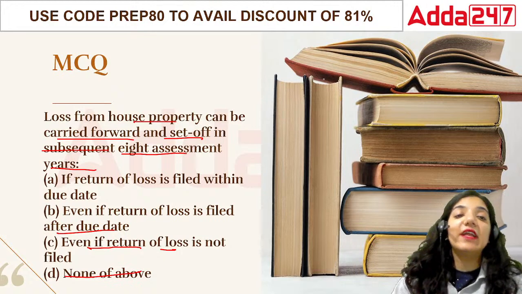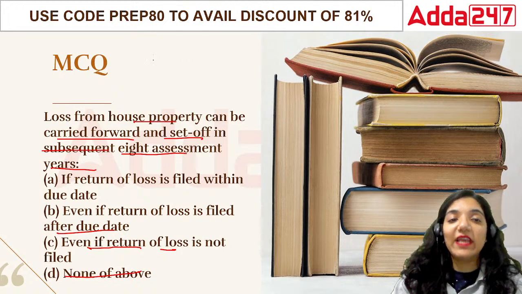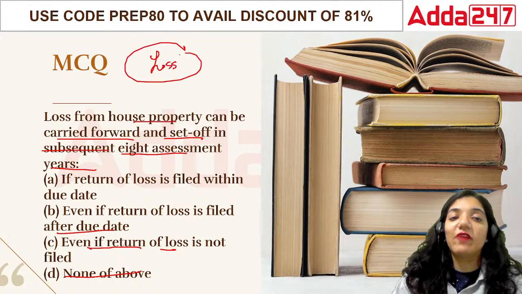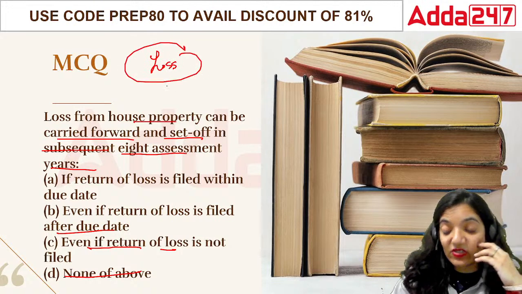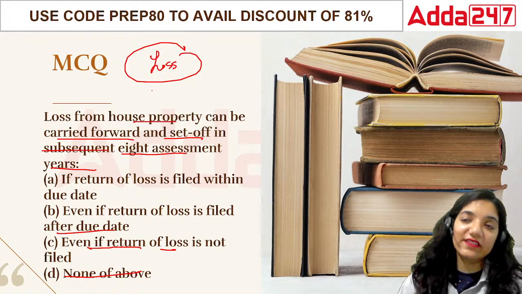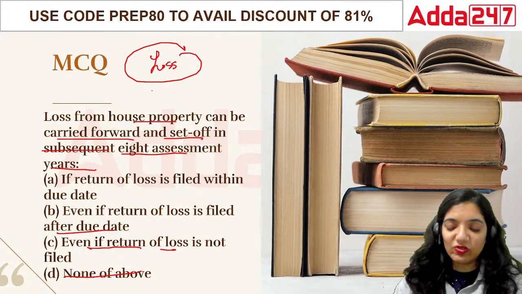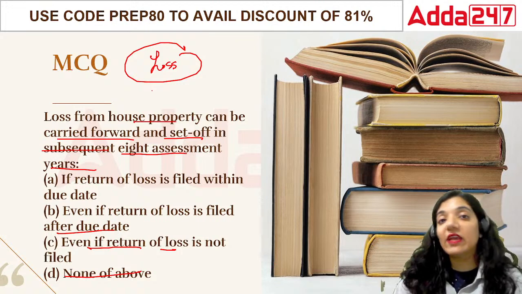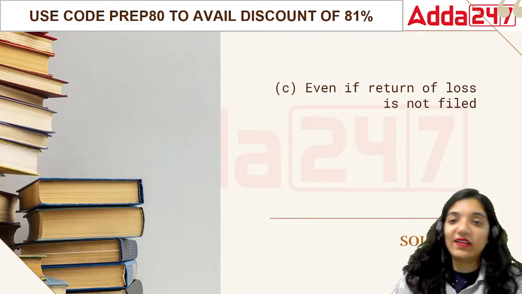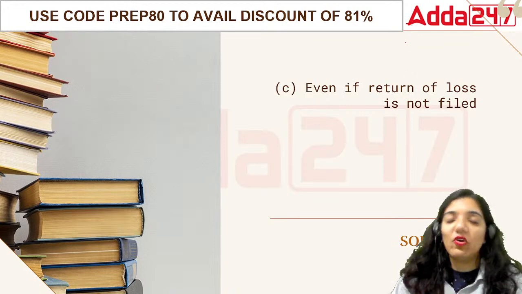The rule for every kind of losses: if you want to claim the loss, you will have to file your return in time. That is the rule for the Income Tax Act 1961. At least you should be in time, otherwise you won't be getting any kind of rebates there.